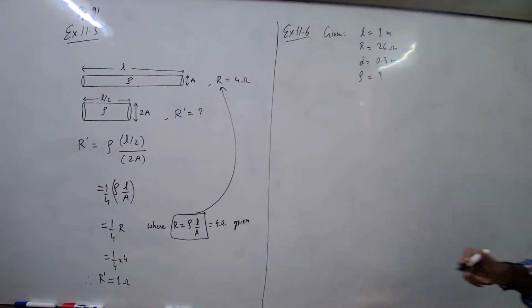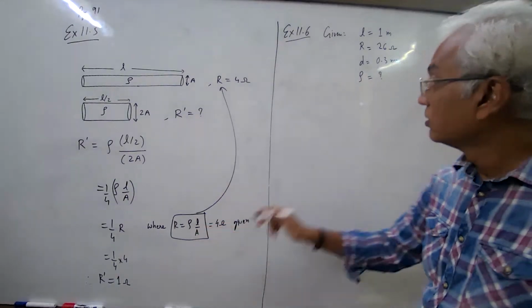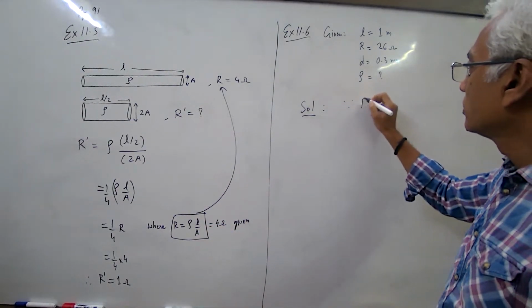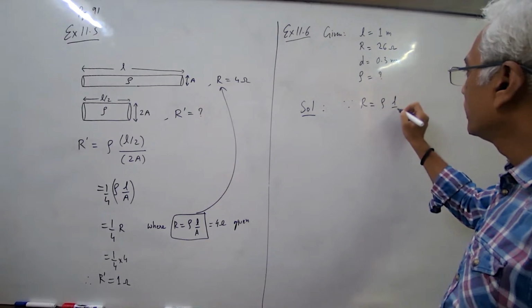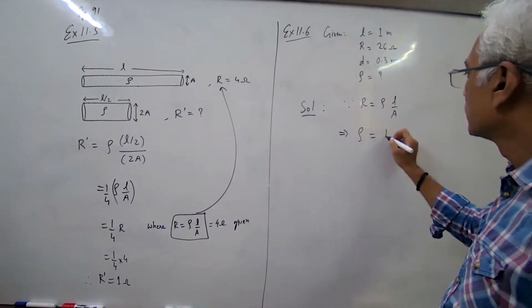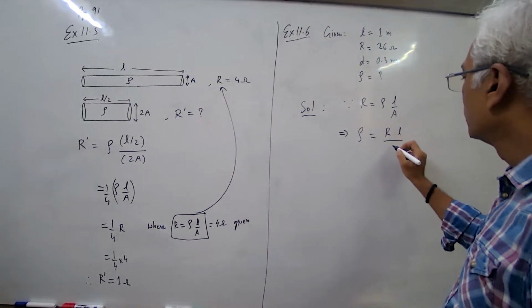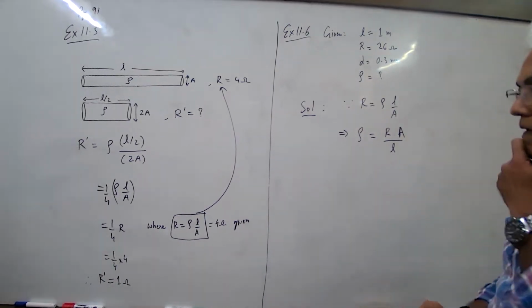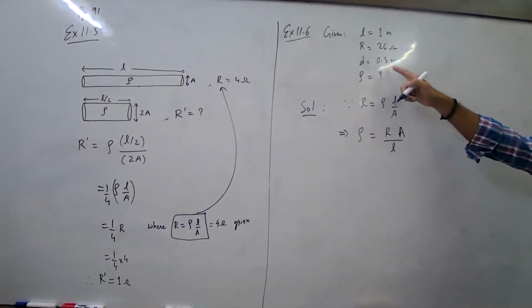Yes, very good. So, solution. Since R is equal to rho L by A, this gives us rho is equal to R A upon L. Now, are you provided with area?